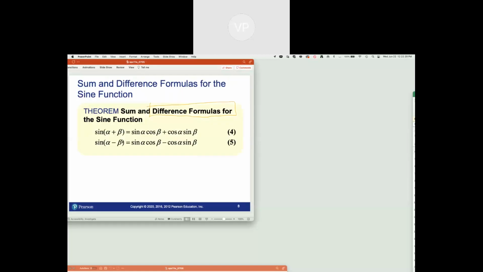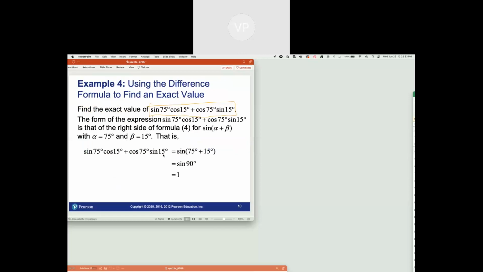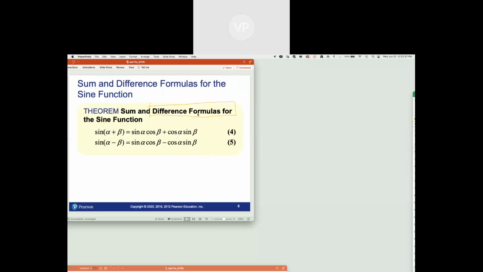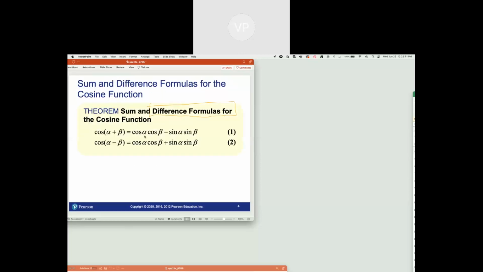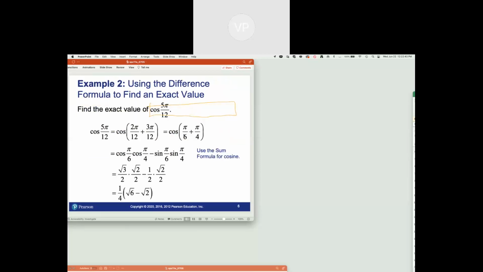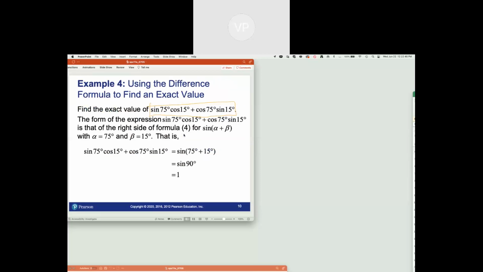Okay, remember these? And then you had the cosines. Recognize which one you have. I have a mix, a sine and a cosine, a sine and a cosine. That's this formula right here. Remember the cosine ones? It was cosine, cosine, sine, sine. So then we'll deal with the plus minus later, but we have this, which tells me, okay, this is definitely going to be a sine of something.